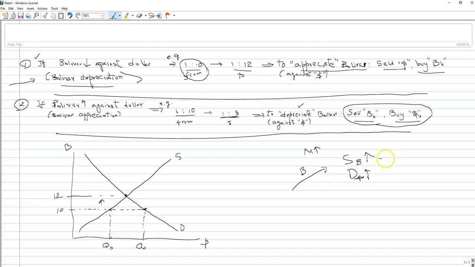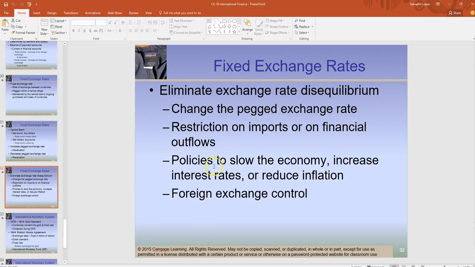So that makes the Bolivar depreciate even more, and the dollar will be appreciated. And so therefore, if they reduce imports, they will reduce the demand for foreign currency or foreign exchange. So that may stop a little bit the process of the local currency being depreciated more.